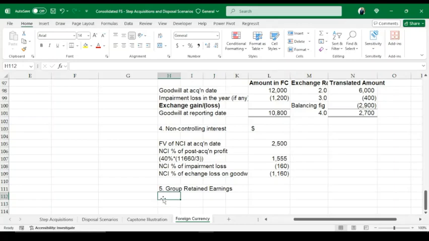We'll have, so let me cut this and paste here. So we are going to have 100% of Saint, which is the parent.